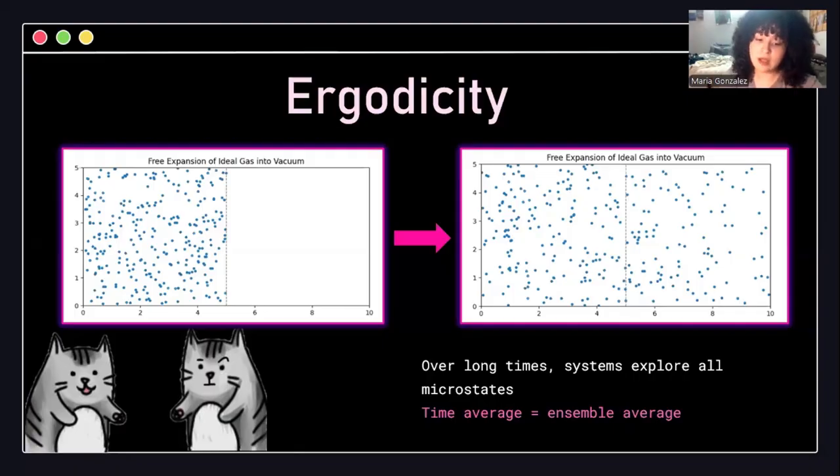A system is ergodic if over time it explores all the microstates consistent with its total energy. That means time averages, what we see when we run a long simulation, are the same as ensemble averages, which assume we know every possible configuration. That's the key assumption when we use microcanonical ensembles: simulating just one representative system over time gives results that reflect the whole ensemble of possibilities.